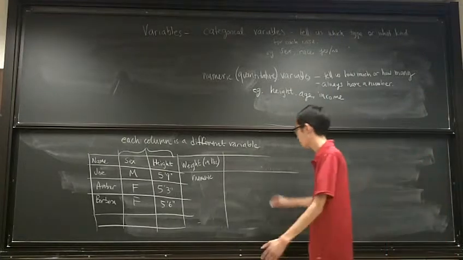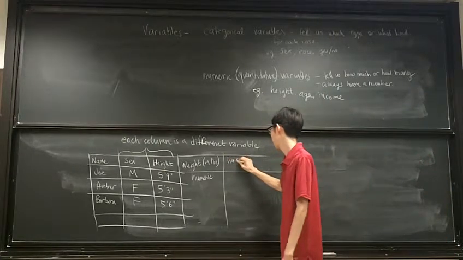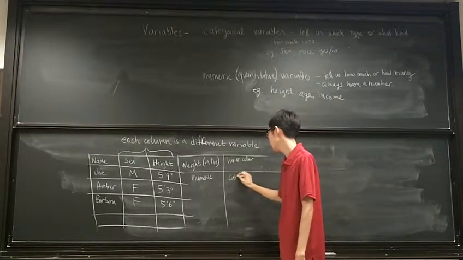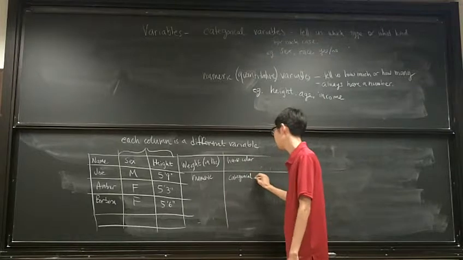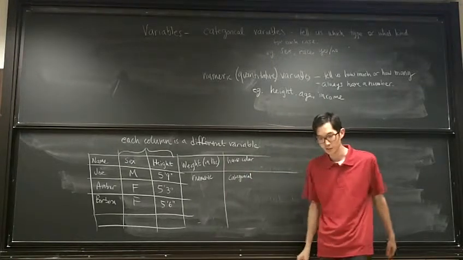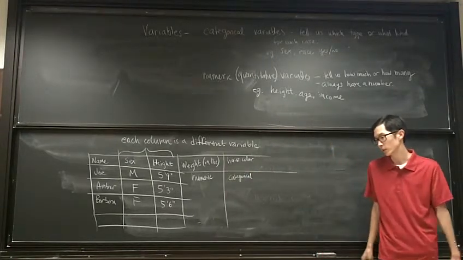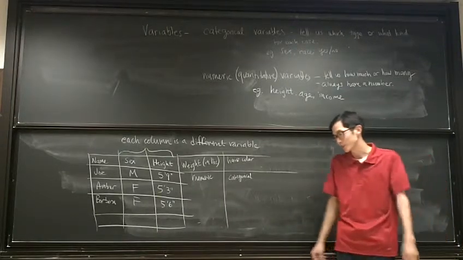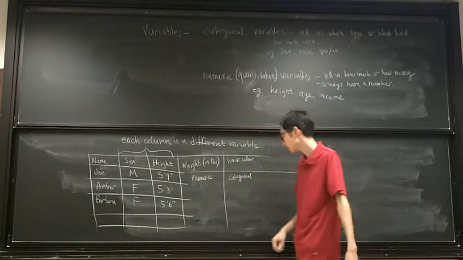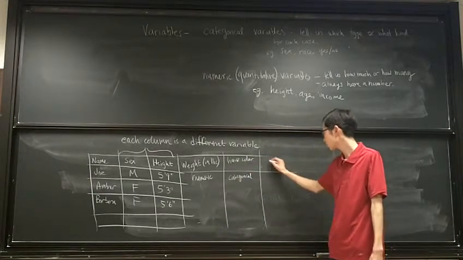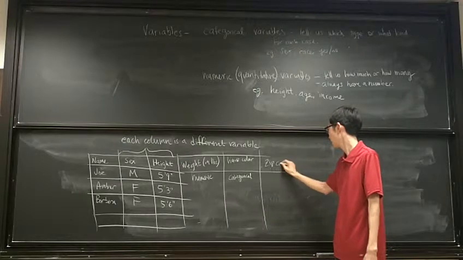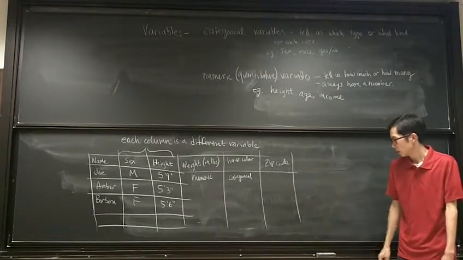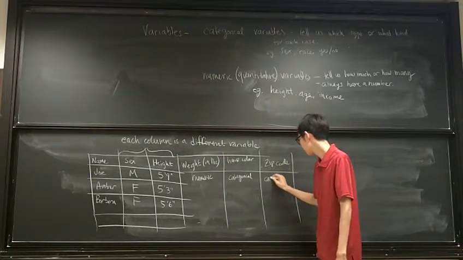What else? Hair color. Categorical, okay? So it depends what we have, but we'll probably have to list brown, black, blonde, red, or maybe we want to split brown into light brown or dark brown, or whatever we want, okay? What if I asked for what zip code someone lived in? Categorical. Yeah, zip code is categorical, okay?